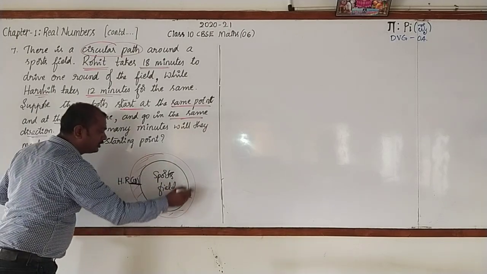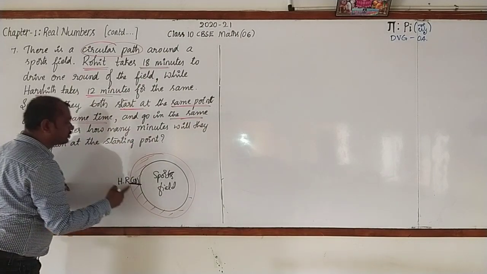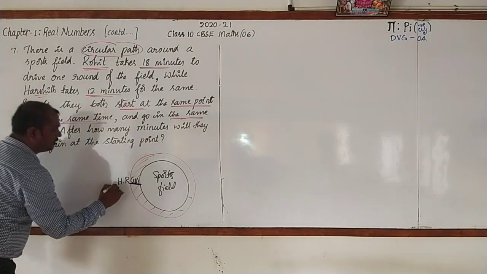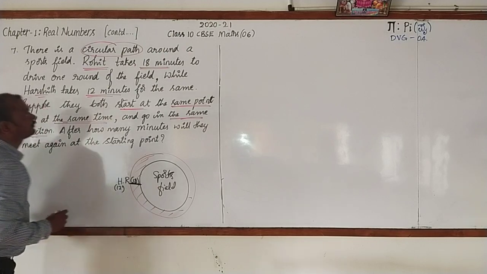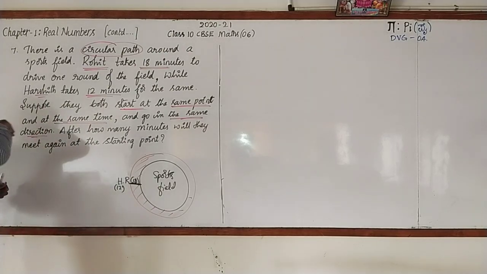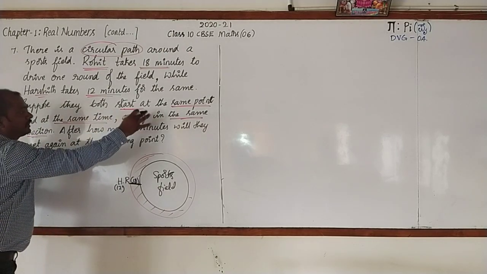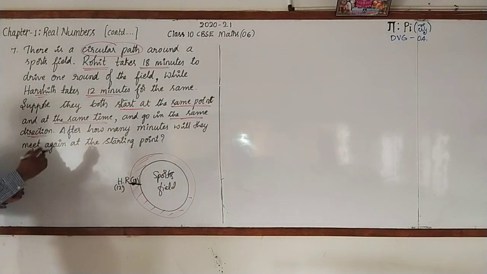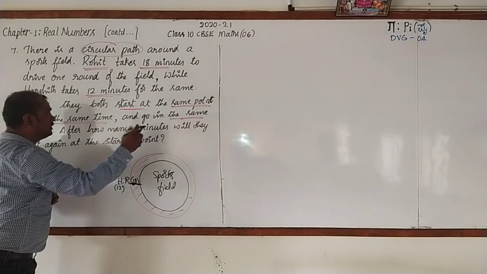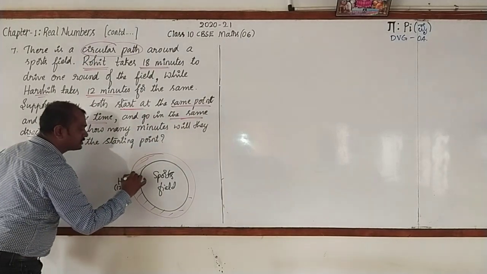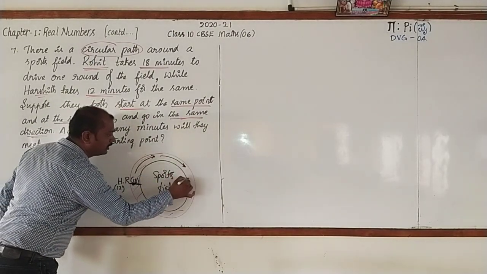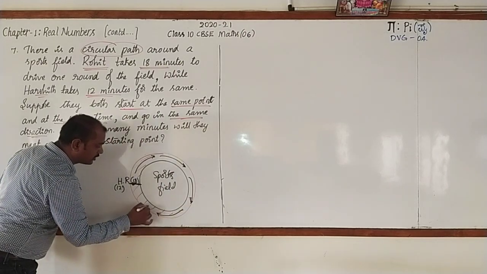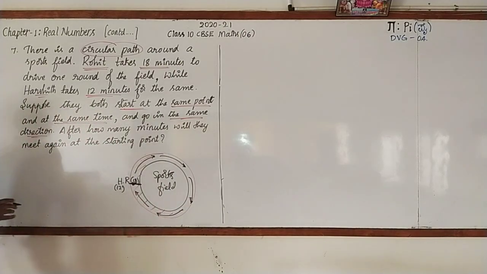He will also start moving and he completes 1 round in 12 minutes. Then, suppose both start at this point, at the same time and go in the same direction. Assume that both will start moving in the clockwise direction.